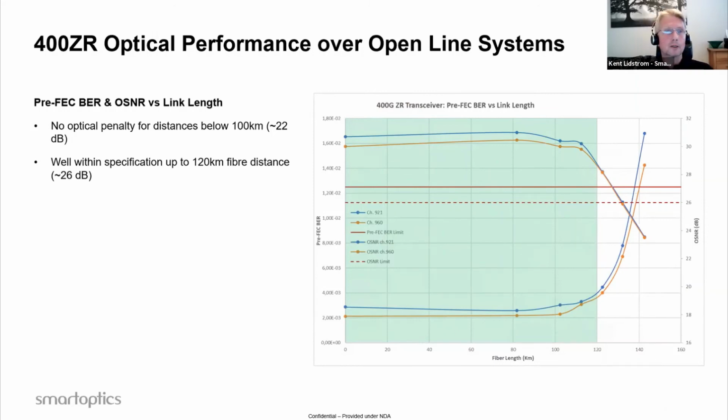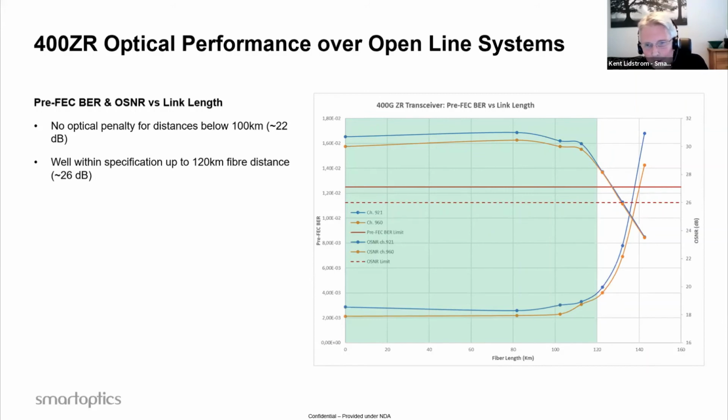If we look at the optical performance over open line system then, this is a kind of a busy graph here, but the bottom lines there are showing 2 different wavelengths running over the fiber lengths that you see on the bottom axis. And that's the indication of the pre-FEC BER value. So when you run it all the way up to 100 kilometer, you have a pre-FEC BER that is very, very good, and you don't get any penalty at all.